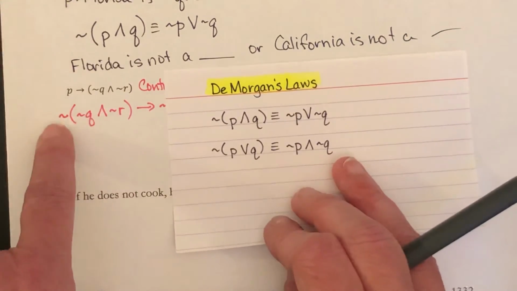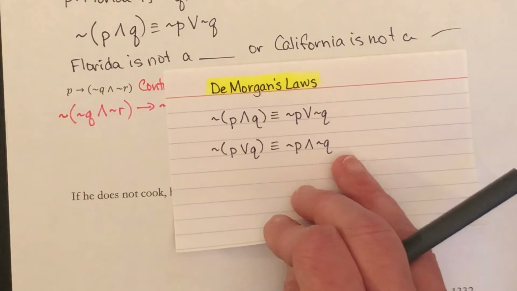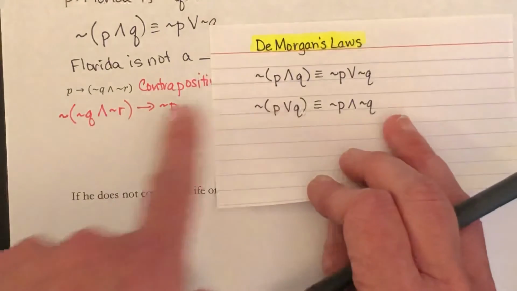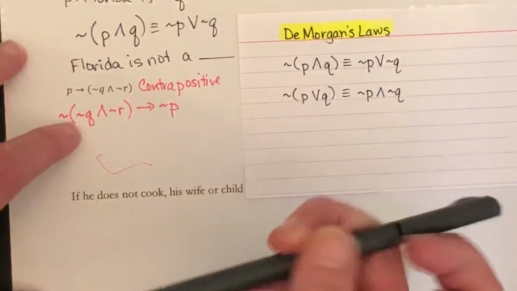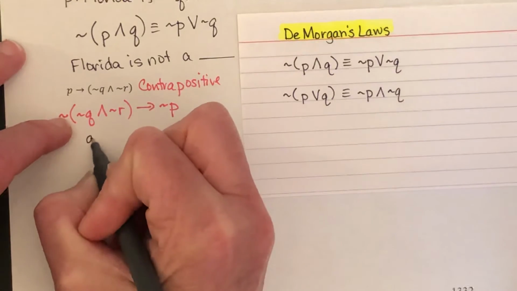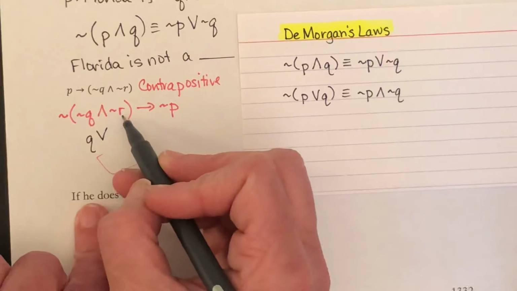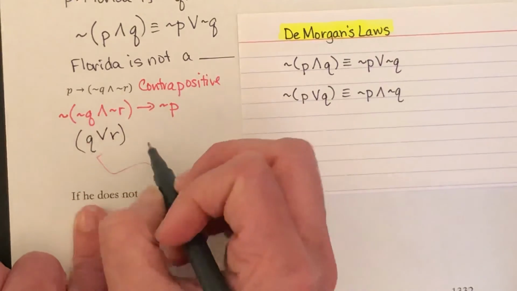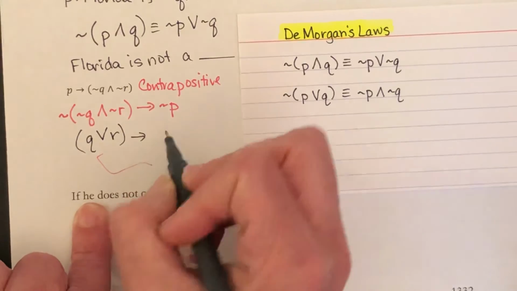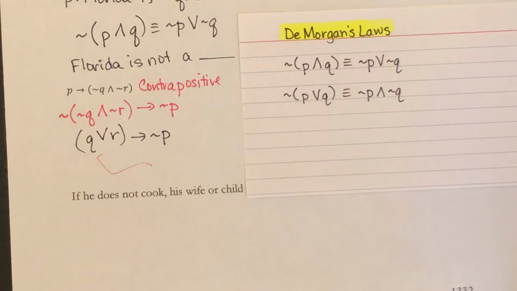Remember, we're going to end up with double nots on these, which just makes them the regular statement. When I used De Morgan's law, I changed the sign of this one. So that is Q, and this one is now R. So it's Q or R, so if that, then not P. That is an equivalent statement.